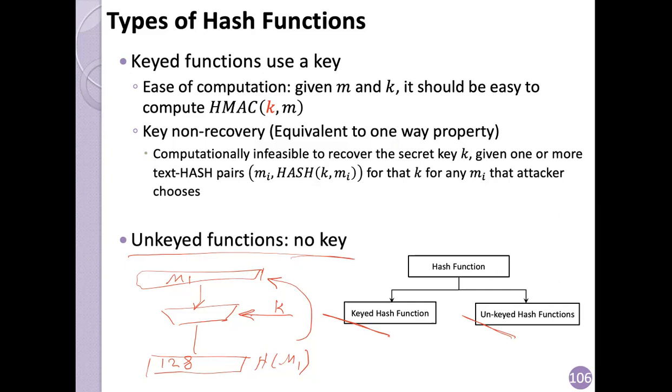So when we say there is a key and the key is used by the sender and receiver, later in this lecture I'll explain that it doesn't mean that the receiver wants to use the key in order to unhash. No, there is no unhash, no reverse way for a hashed value.